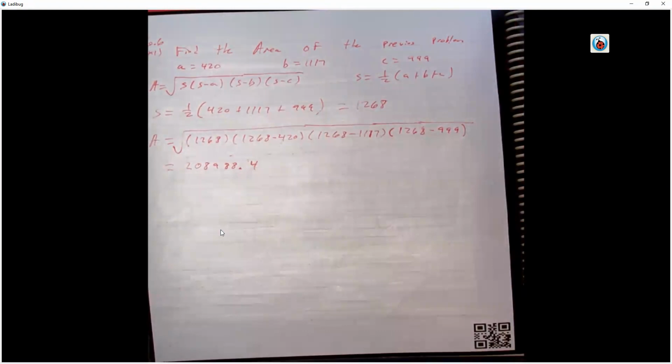Any questions on area? Area shouldn't be too bad, just a formula, right? Okay. Yeah.